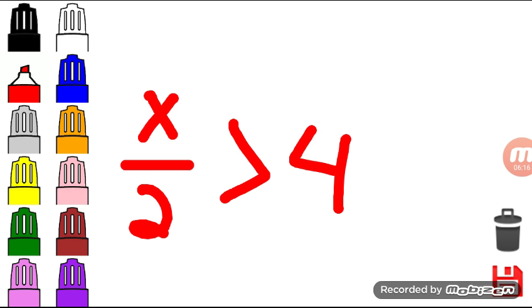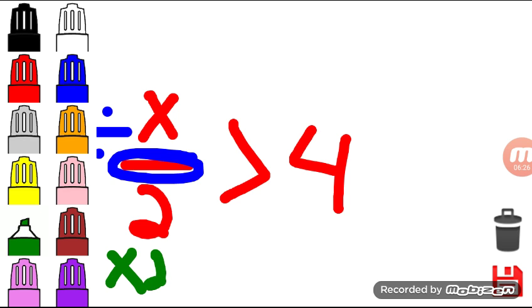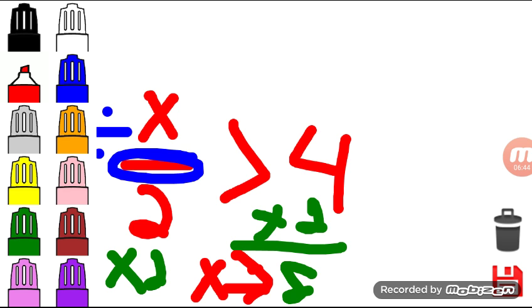Some people like to look at that as a fraction, but this sign right here also means division. So what you do is you just multiply by 2. So times 2 on both sides to make it true. And then 4 times 2 is 8. Bring down your x. So the sign stays greater than. So x is greater than 8.